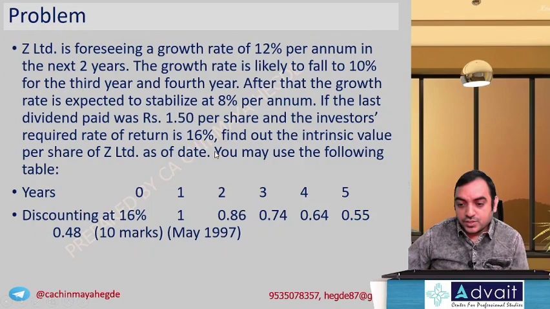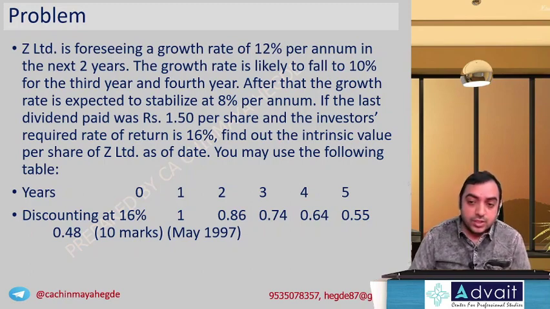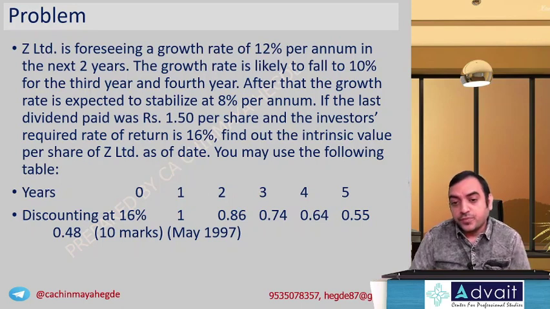Okay. So come to this problem. Z Limited is forecasting a growth rate of 12% per annum. In the next 2 years, the growth rate is likely to fall to 10% for the third and fourth year.